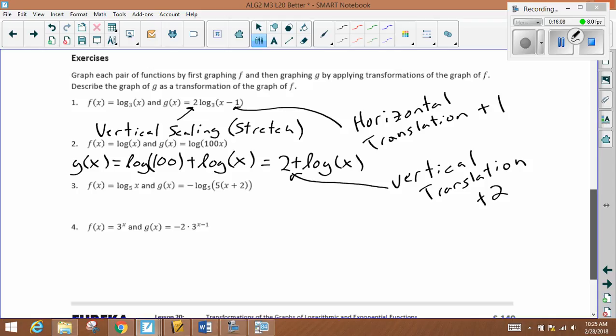All right, what's happening here? We're going to use our properties of logarithms. And this is great, because, remember, when we're going to use our properties of logarithms, this minus sign does throw a wrench in stuff. It changes it up quite a bit.